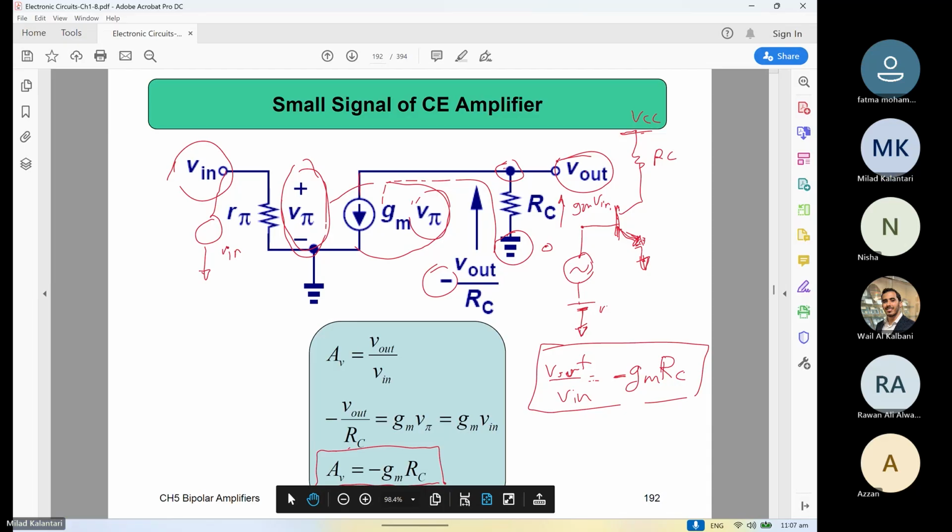So from this equation, what you figure out is how to increase the gain. We usually want to have more gain. How can we? Which parameters are under our control? The RC is under control, right? What else?